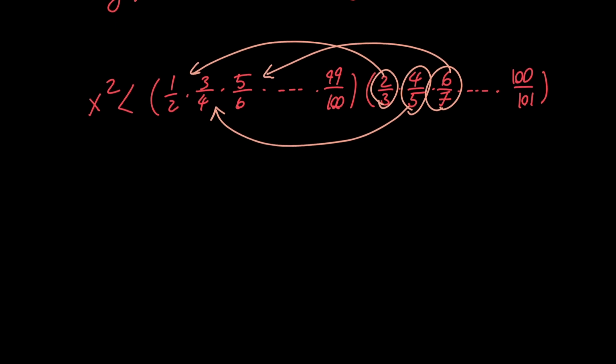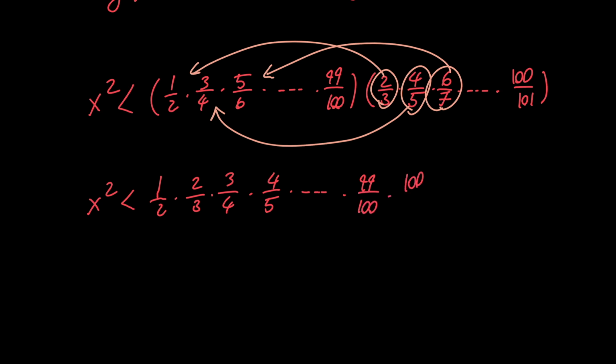So we have x squared is less than 1 over 2 times 2/3 times 3/4 times 4/5 times so on and so forth times 99 over 100 times 100 over 101.